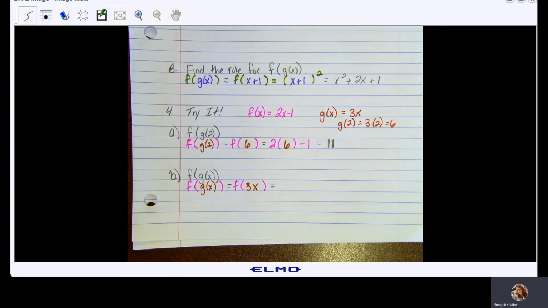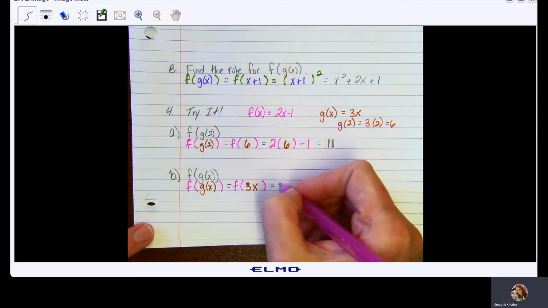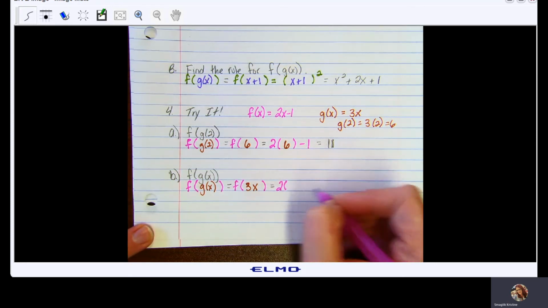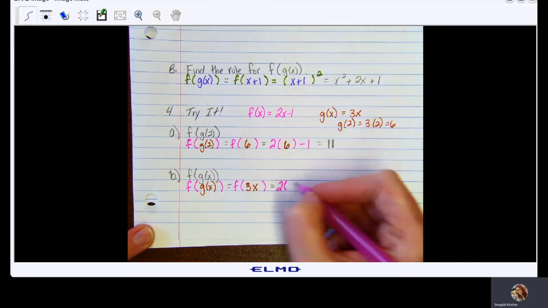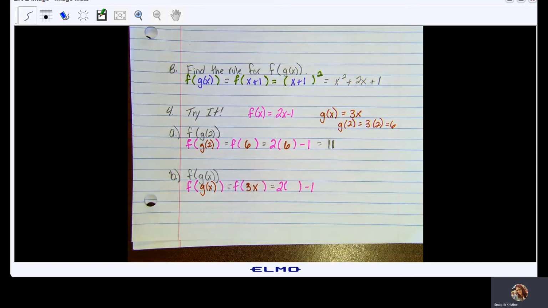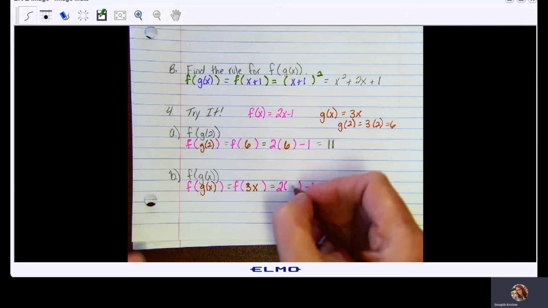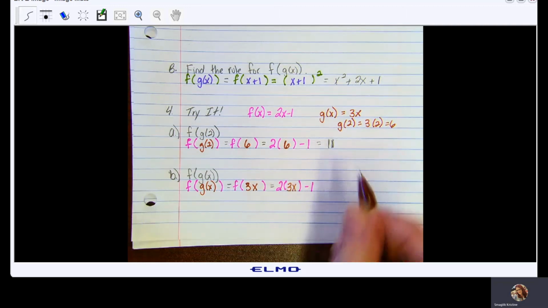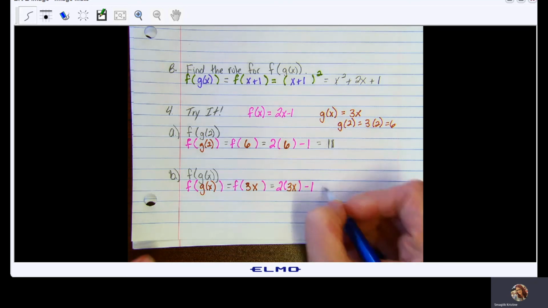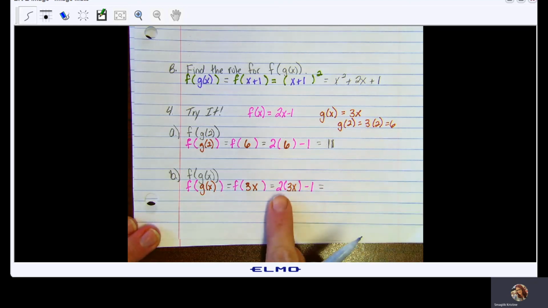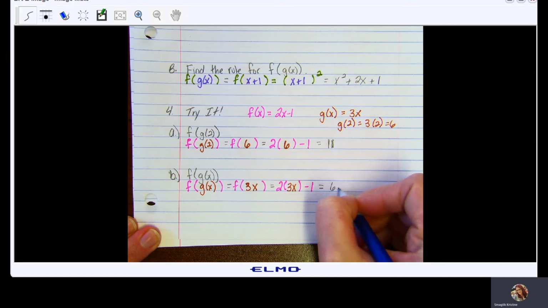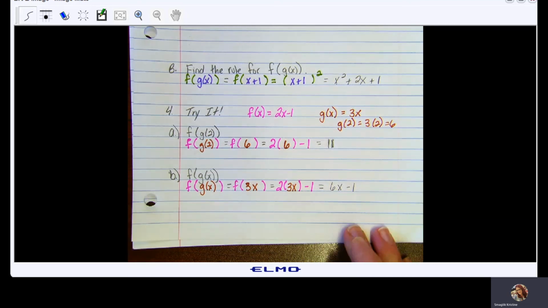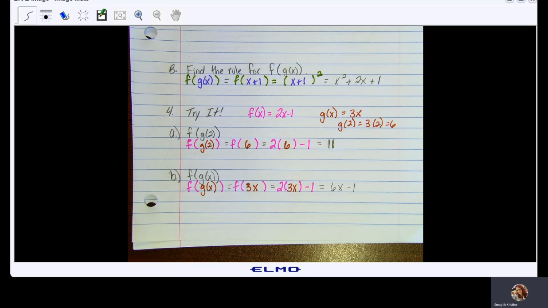My function f is 2x minus 1, so again, I'm going to leave just a little space. I'll put parentheses wherever I have a variable. And then I'm going to input that 3x in. And now let's simplify. 2 times 3x is 6x minus 1. And 6x minus 1 is our output. It is our function rule for f of g of x.